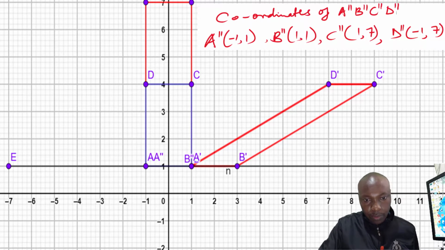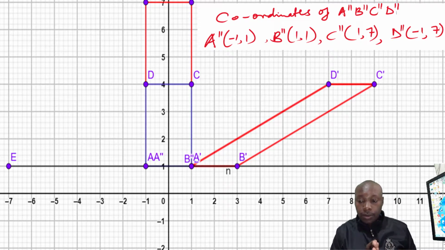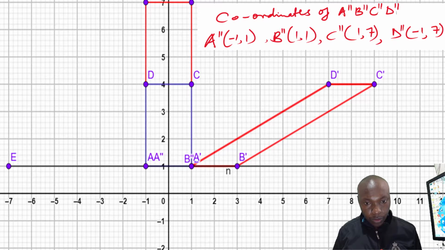So we have A double prime, B double prime, C double prime, D double prime. That is the image of ABCD after a stretch with y = 1 as the invariant line and a stretch factor of 2. So that is how you obtain that.